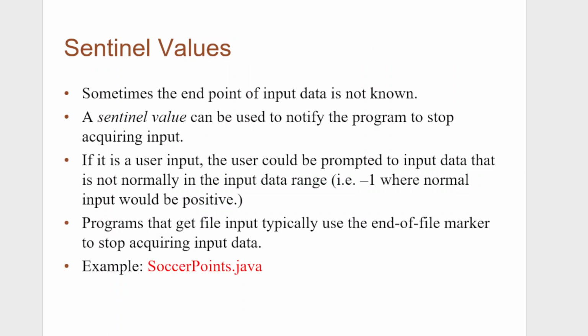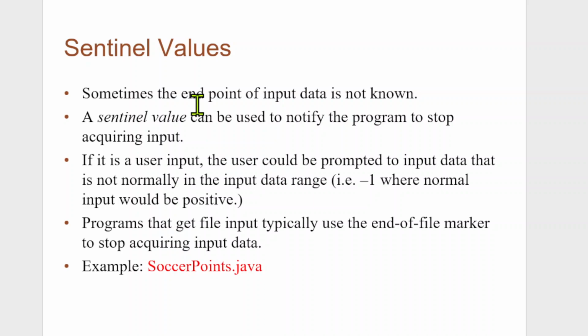Okay. So I go into Sentinel value. Sometimes the endpoint of input data is not known. A Sentinel value can be used to notify the program to stop. On files, it's an end of file indicator. Like Excel, there are libraries for loading Excel into Java, and it knows when your file's done because it gets an end point indicator in there.